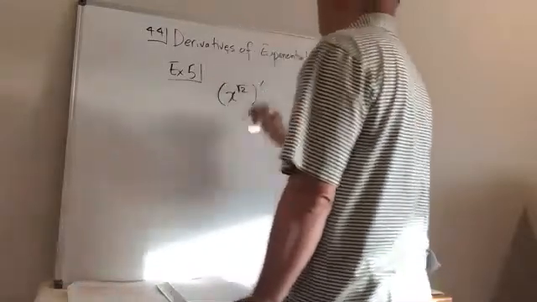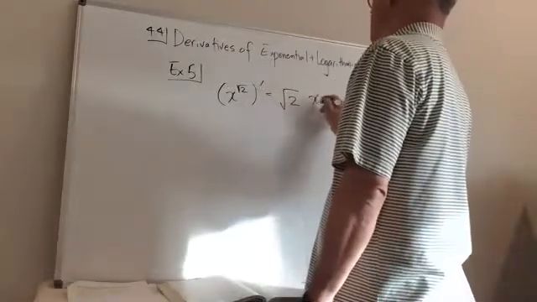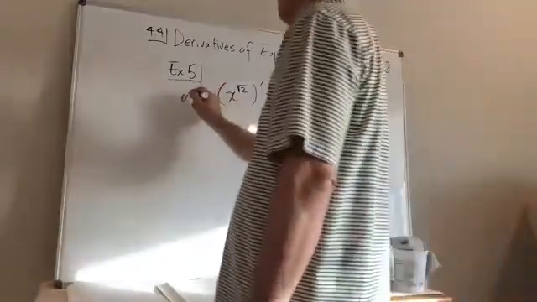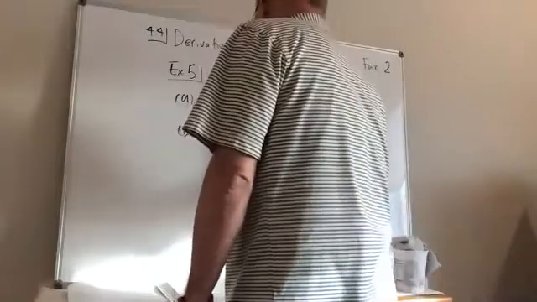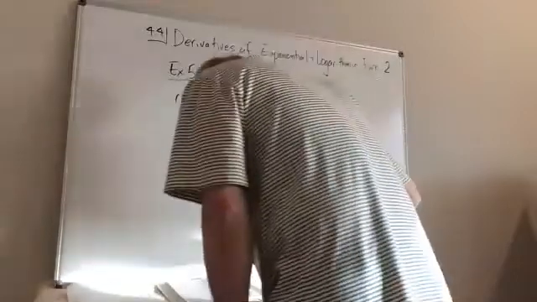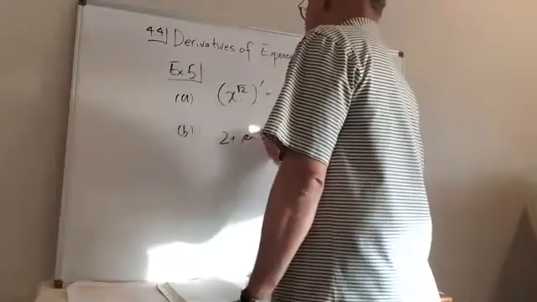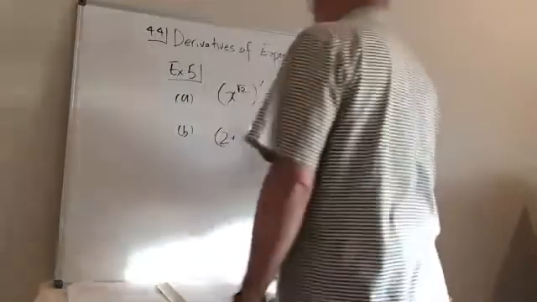Let's go ahead and take the derivative of this. So the derivative of this is going to be nothing more than this, x to the square root of 2 minus 1. Okay, so that would be A. And then in B, we have 2 plus sine 3x to the pi power.